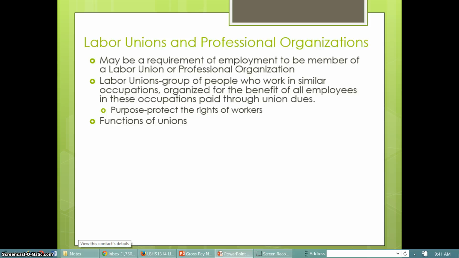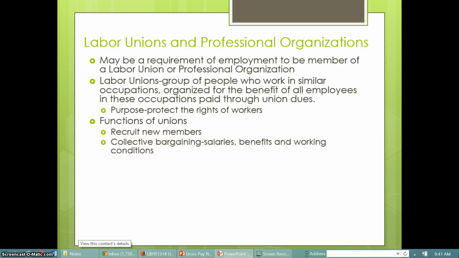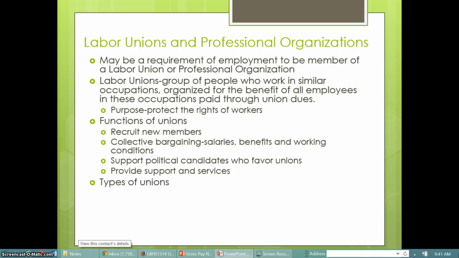And what they do is recruit new members. They collectively bargain on salaries, benefits, and working conditions with management, support political candidates who favor unions, and provide support and services to its union members.